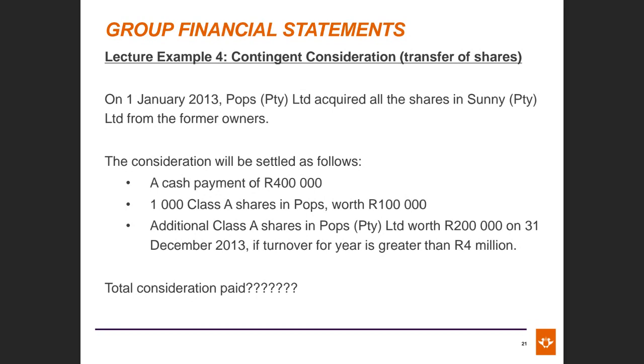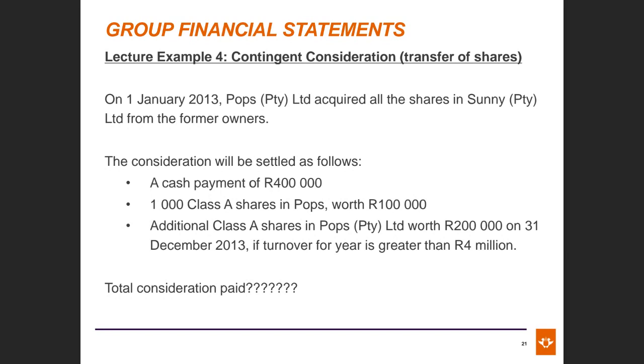So now we need to determine what is the total consideration paid in this situation. So in the next slide, they've given us a probability of 70%. They are saying that it is 70% probable that Sunny will make the turnover of greater than 4 million Rand. So what is our contingent consideration in this situation?